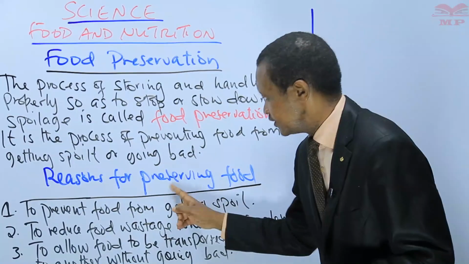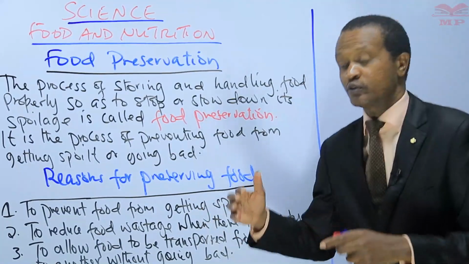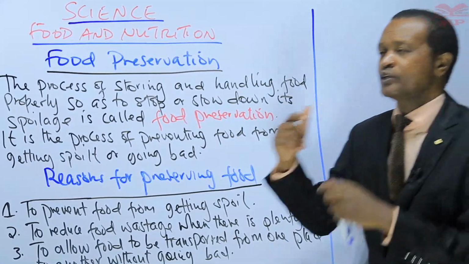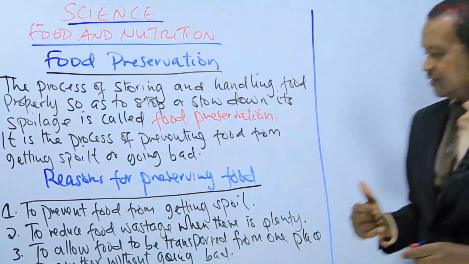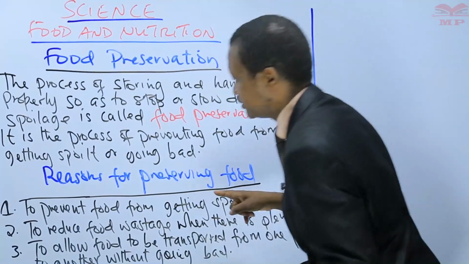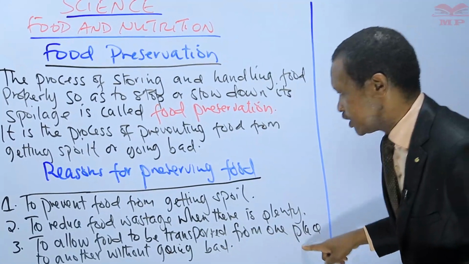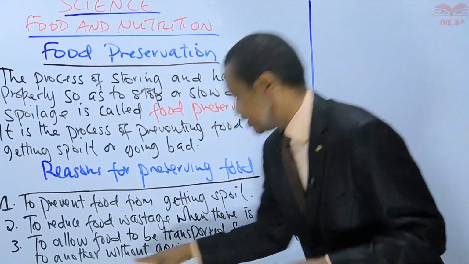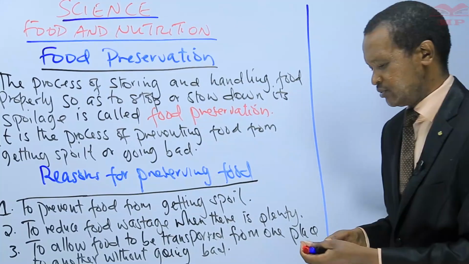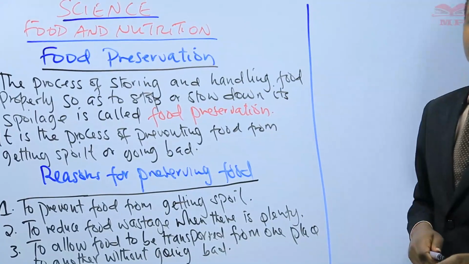To preserve the food so that the farmer can transport the food from point A, from the farm to the market. Okay, so learners, we preserve food so that that food can be transported from one place to another without going bad. Without doing what? Without getting spoiled.